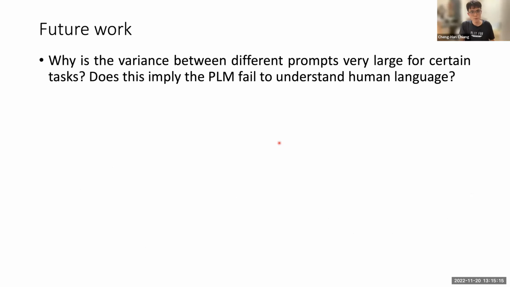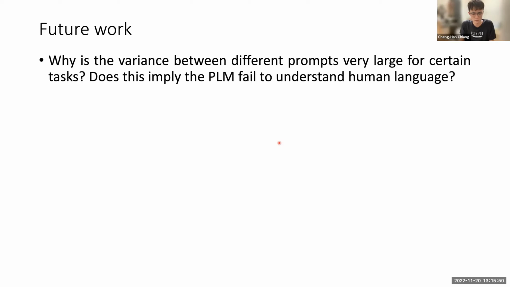And a very important future work is, does the language model really understand human language? The reason I raise this question is that some recent studies show that even if the prompts used in prompt tuning or in zero-shot inference are nonsensical, prompt tuning can still work. So this means that human knowledge may not be so important in prompt tuning.